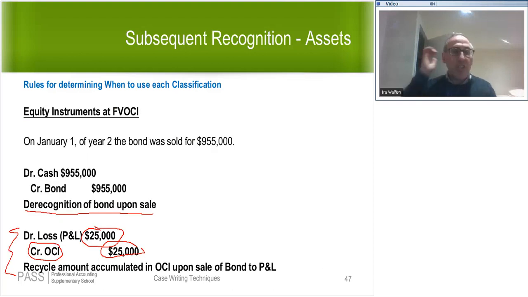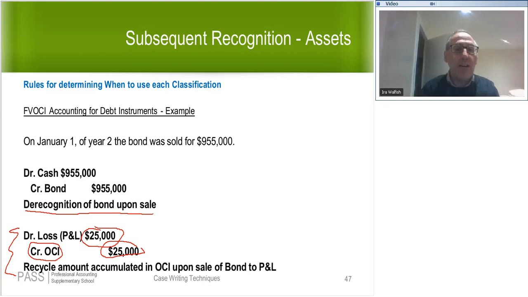So in that situation, the entry would be debit cash $950,000. I know you can't read my writing, so just pretend this says $950,000. We would still credit the bond $955,000, and then we would debit loss $5,000.